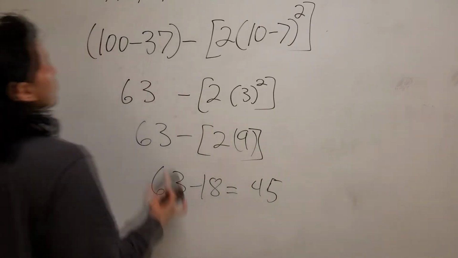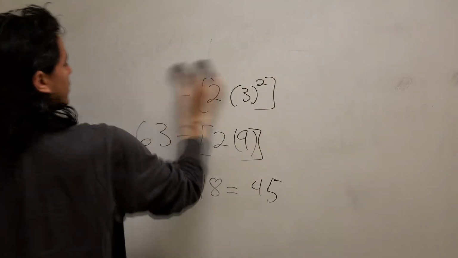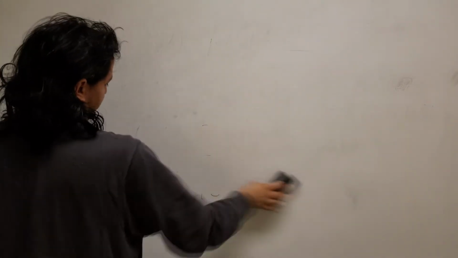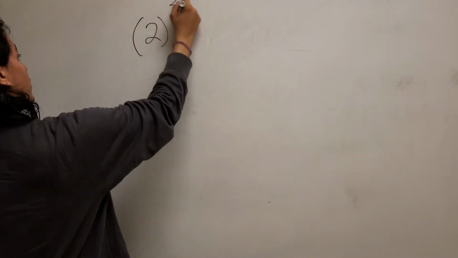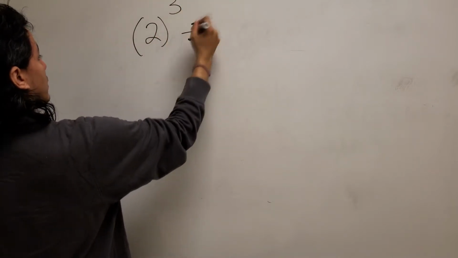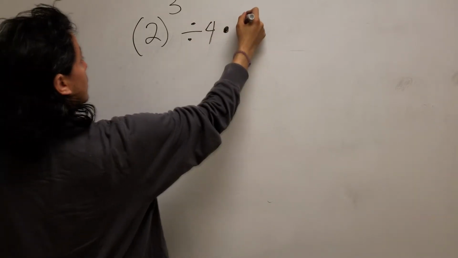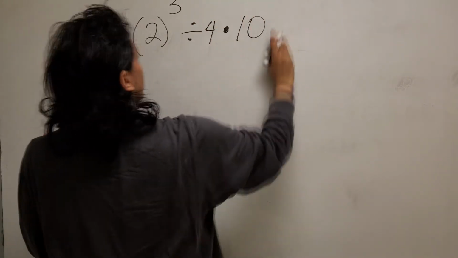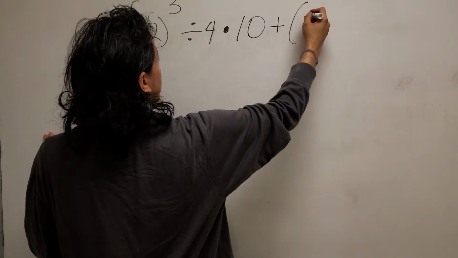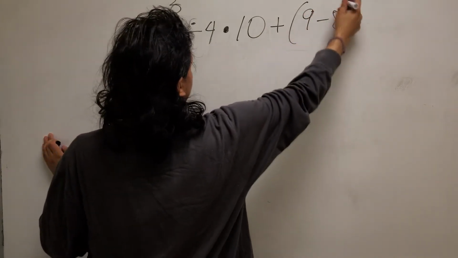Now, let's do one where we have a situation where the division will come before the multiplication. Let's see. 2 to the third divided by 4 times 10 plus parentheses 9 minus 8, sure, whatever.